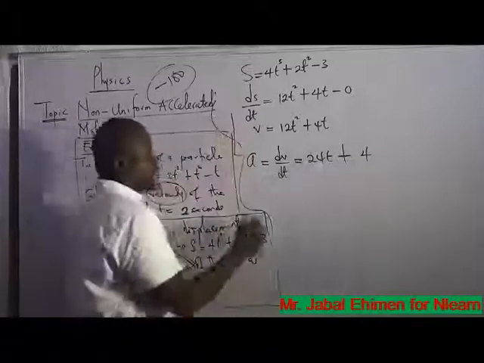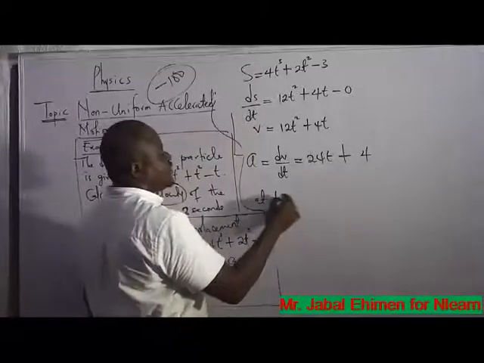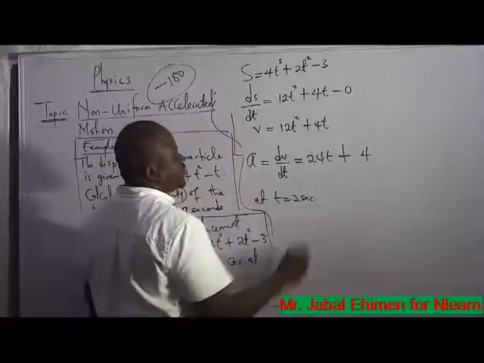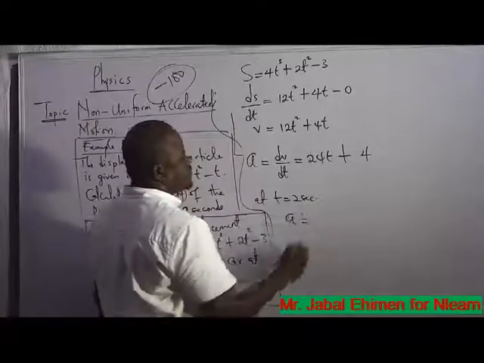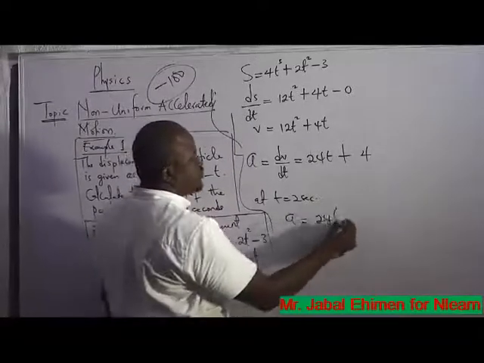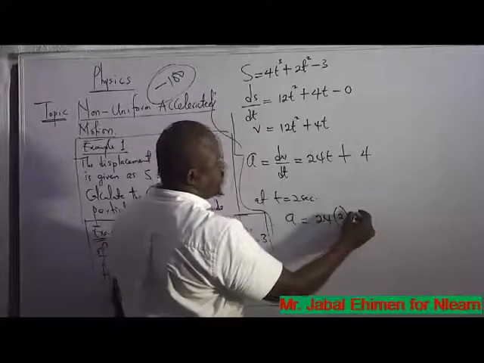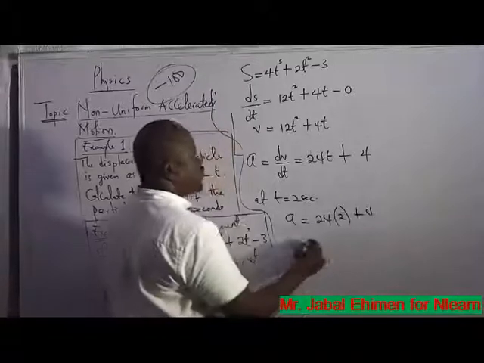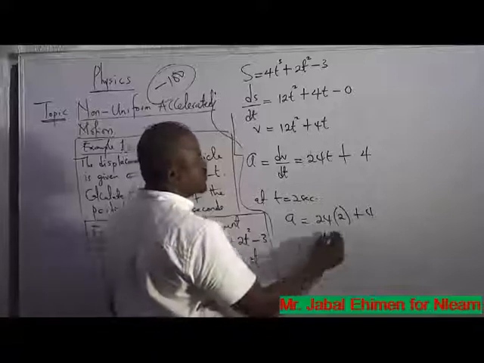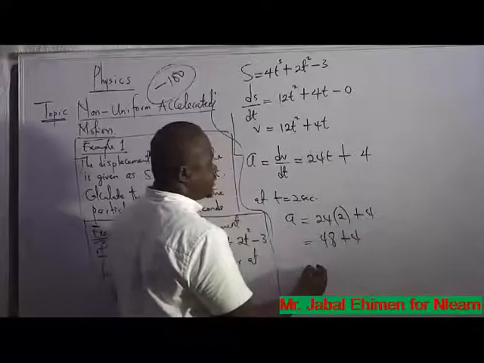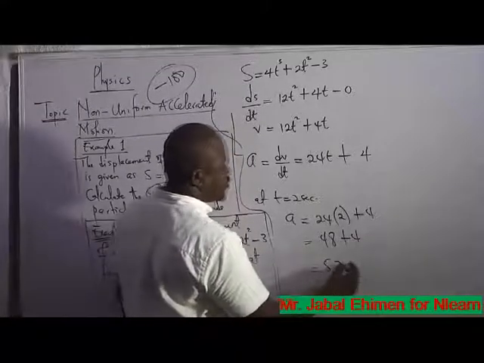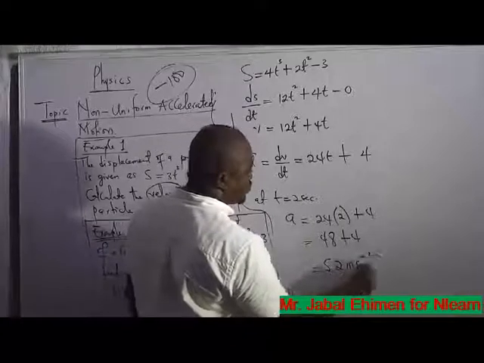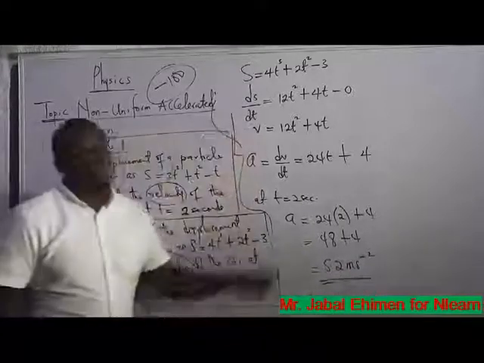So at t equals 2 seconds, a, which is acceleration, becomes 24 into bracket 2 plus 4. 24 times 2 should be 48, plus 4, and that will give us 52 meters per second squared. That's the value of acceleration.